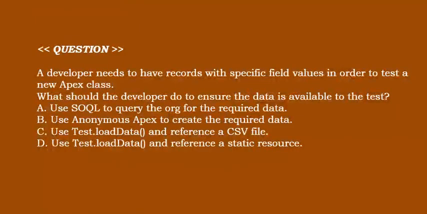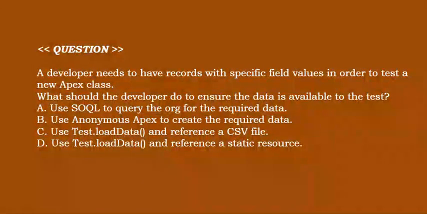Next question is, a developer needs to have records with specific field values in order to test a new Apex class. What should the developer do to ensure the data is available to the test? Option A. Use SOQL to query the org for the required data.